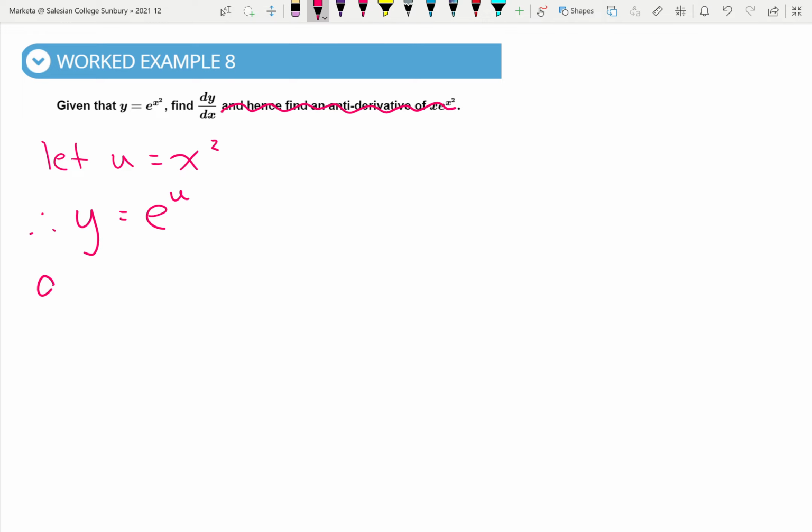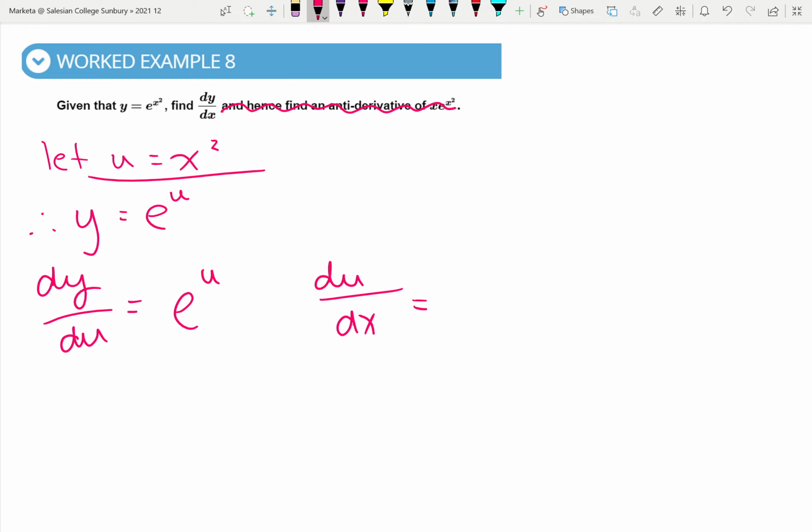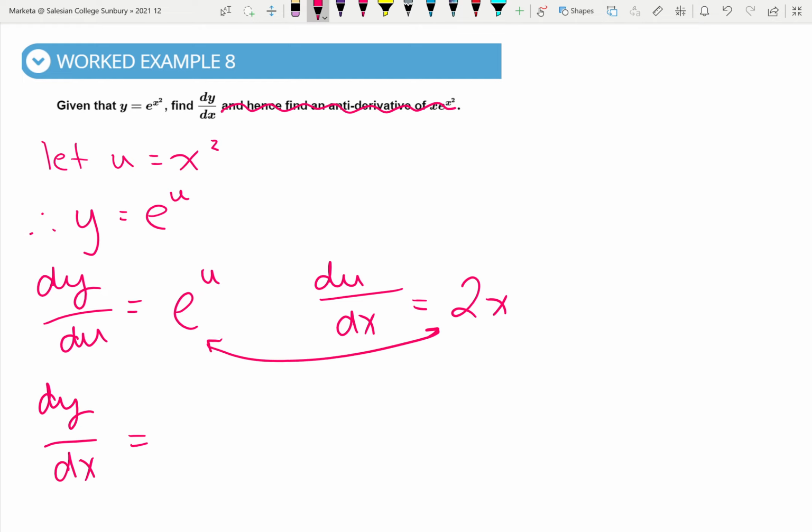So now we can say dy du is going to be e to the u still, and du dx is going to be 2x. So chain rule, dy dx is going to be, we multiply these two together, so 2x e to the x squared.